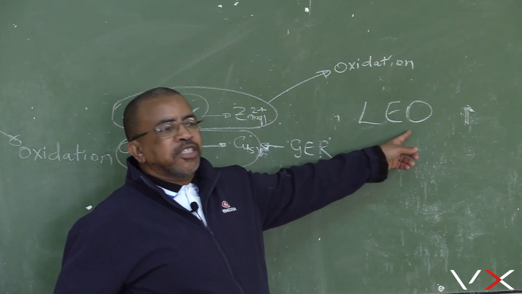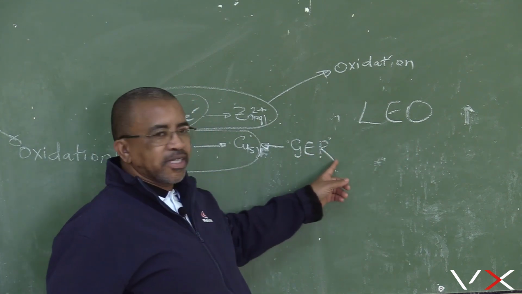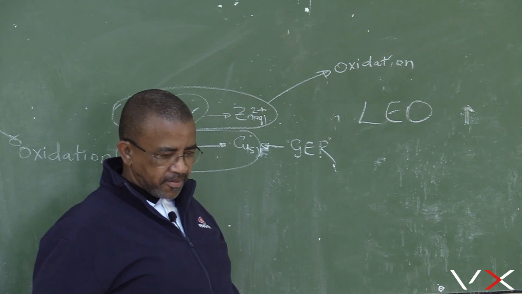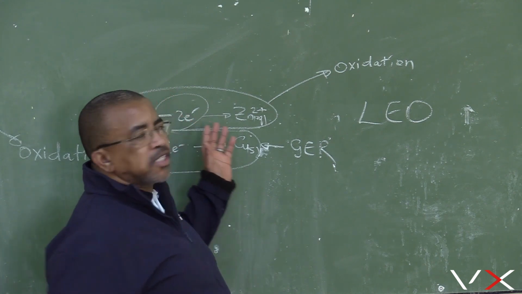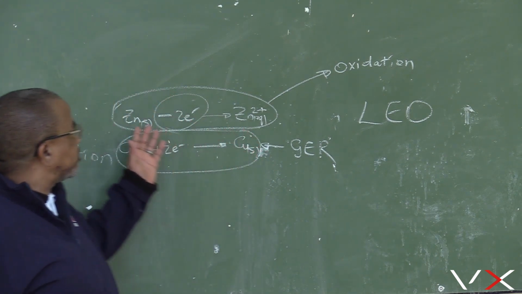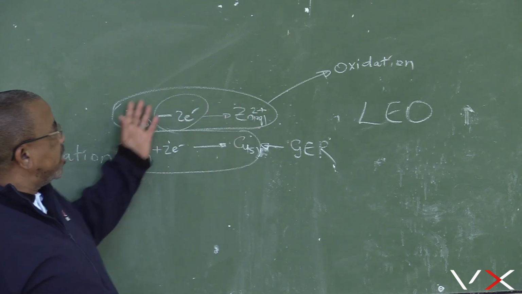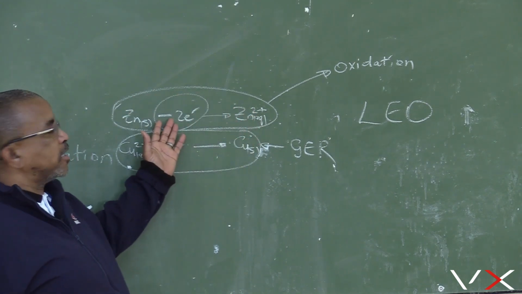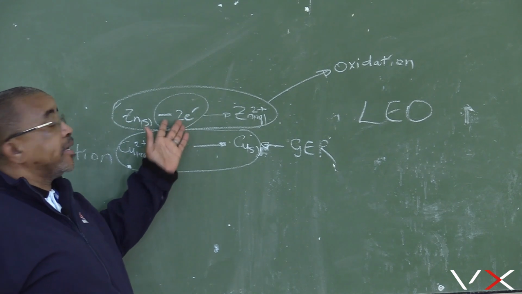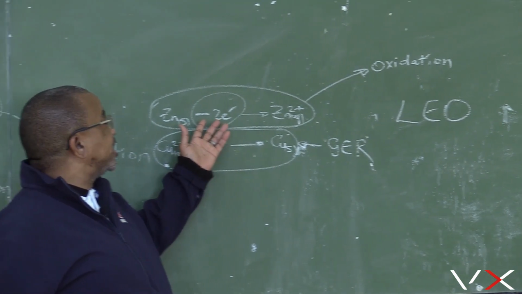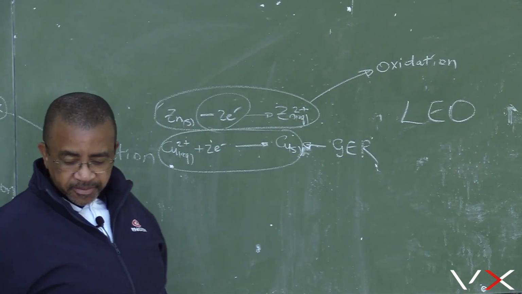Loss of electrons, oxidation. Gain of electrons, reduction. Now, I want to explain here, in oxidation, what I was using to explain. But how can we write this process?